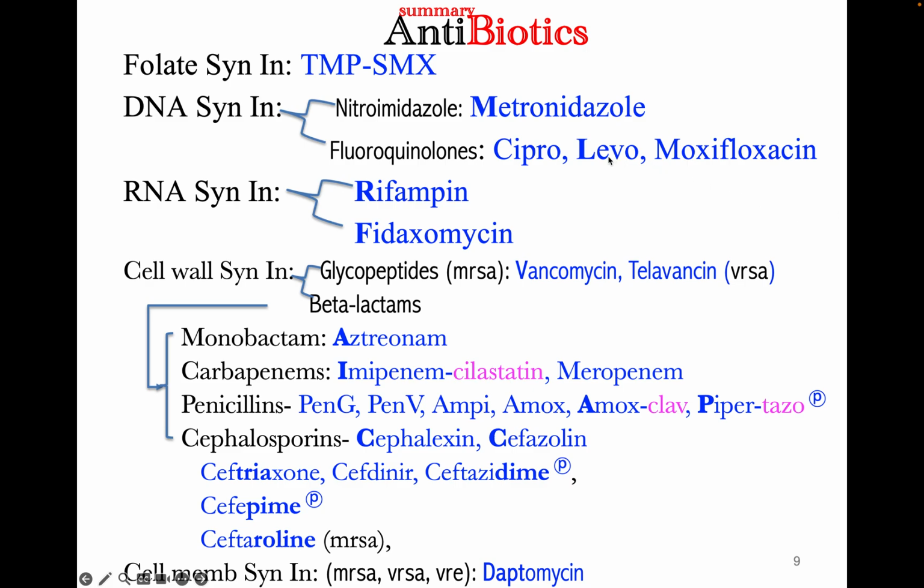So levofloxacin and ciprofloxacin can be used for urinary tract infection also, but levo and moxi are considered respiratory fluoroquinolones. For pneumonia, they can be very useful. Out of all these 3 drugs, moxifloxacin has more anaerobic coverage. Okay, but the most commonly used, very strong drug is levofloxacin. So you most commonly use this one. Okay, so let's look at that.